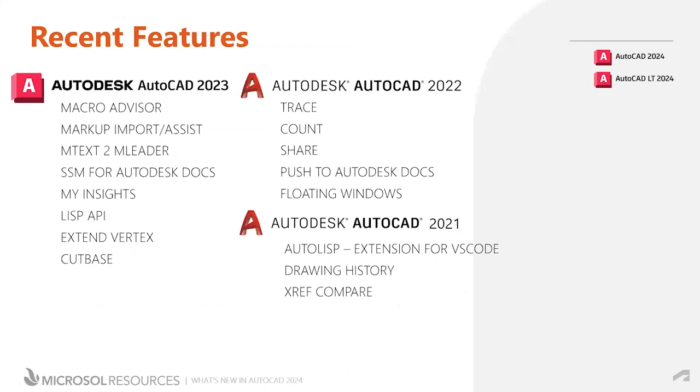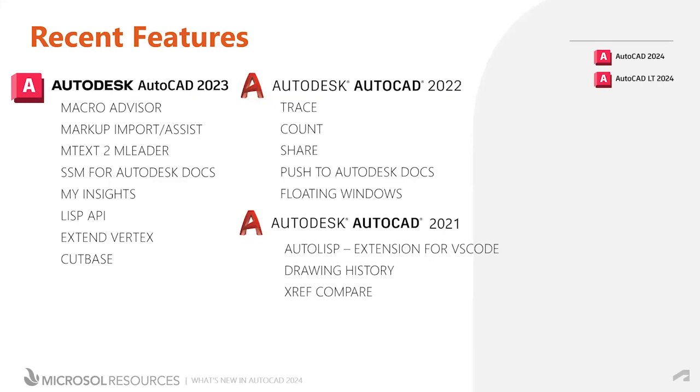Before we dive into the new features, I wanted to go over some of the recent most important features that we've seen in the latest releases. So some of these features that have been introduced are Extra Compare, Drawing History, and the AutoLift extension for VS Code on the 2021 release. We also had in 2022 floating windows, the Push to Autodesk Docs tool, Share, Count, and Trace.